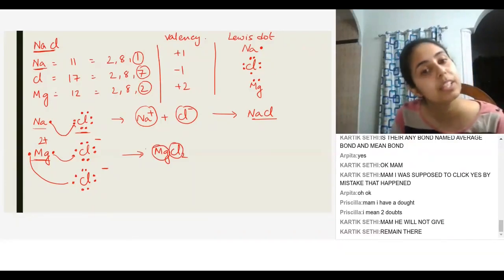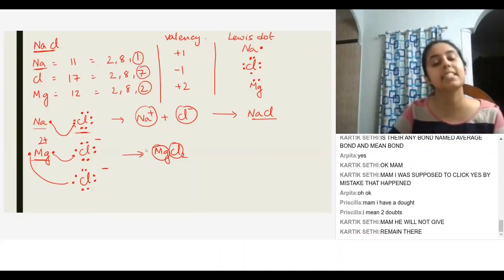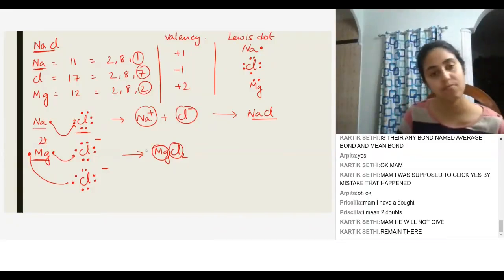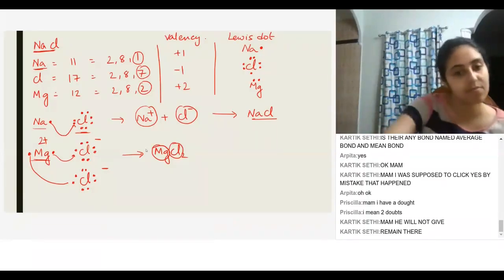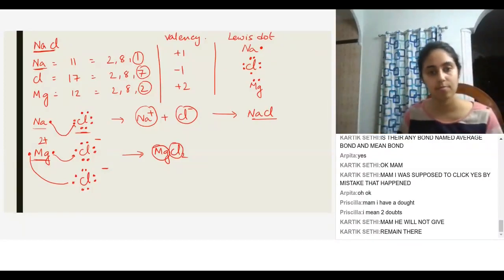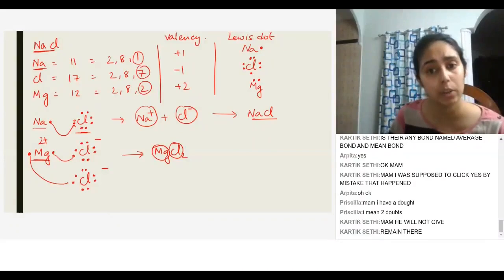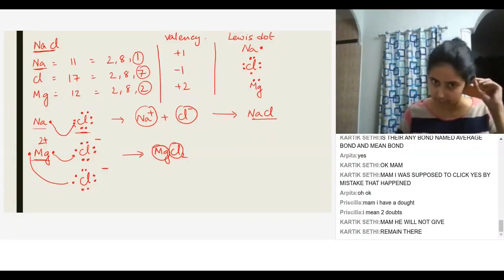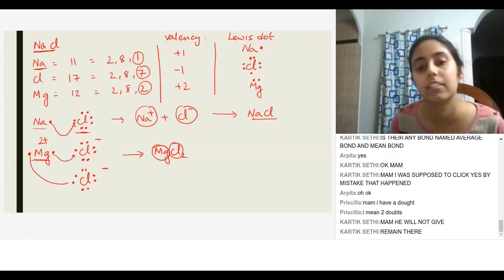Ma'am, I have a doubt. Before magnesium gives the 2 electrons, chlorine will have how many? Sorry, 7 electrons, right? In its outermost shell. In the Lewis dot structure, we have to put 7 dots.